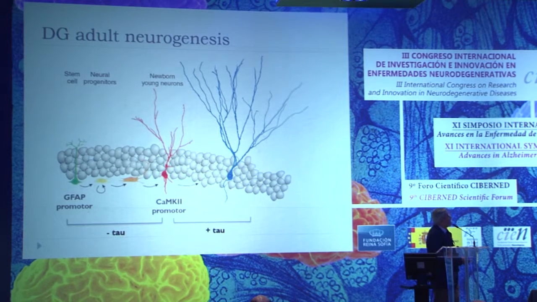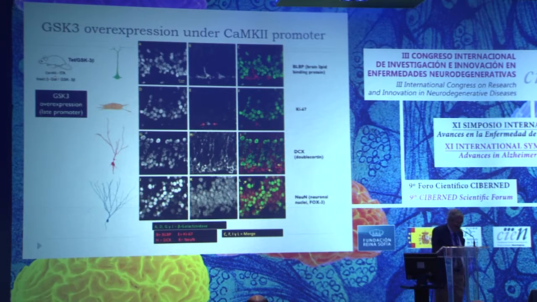To test if it really is expressed from here to the differentiation, we tested by immunofluorescence studies the presence of a specific marker for the different types of cells and to see when the reaction against the overexpressed GSK3 appears. And we found that the overexpression from this point and so on continues in the adult neuron.